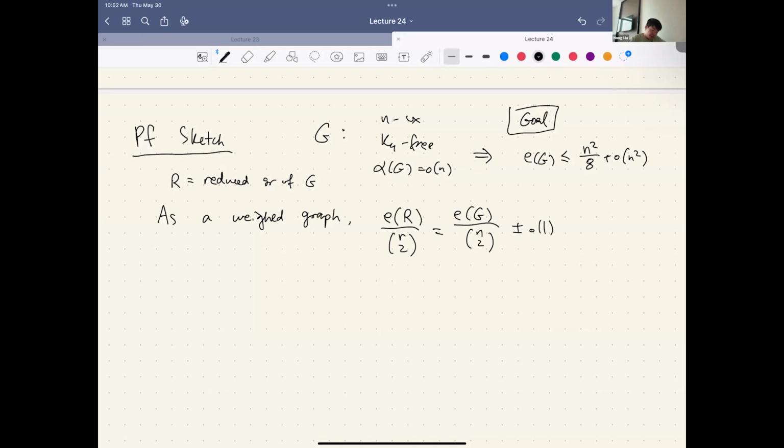They have the same edge density. So our new goal, because of this, is to prove that e(R), the reduced graph, is at most r squared over 8 plus little o(r squared) edges. This is our new goal.